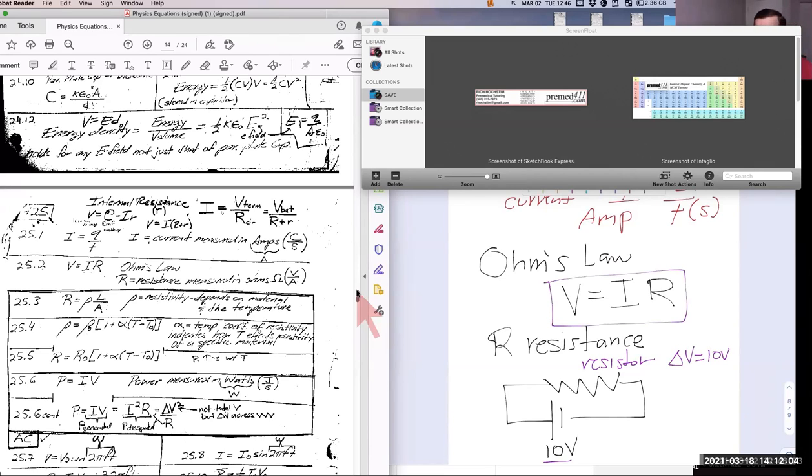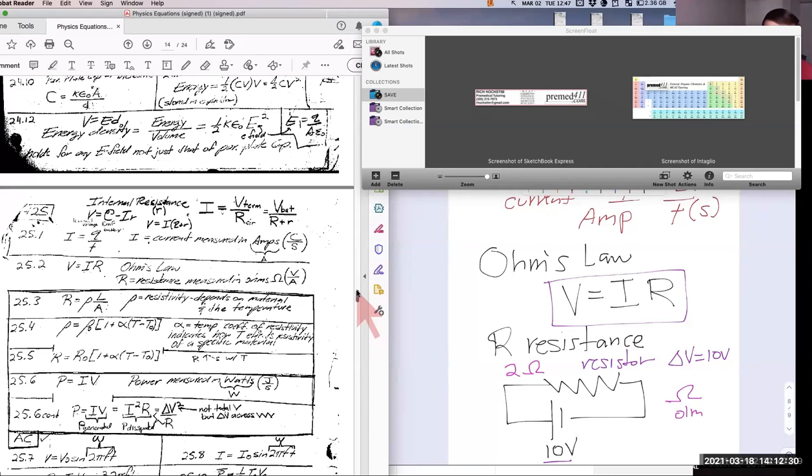So what will happen is that if the resistance here is going to be 2, and the unit is going to be an ohm, so this is going to be 2, and there's our symbol there. So that is an ohm, the unit of resistance. Then we can calculate what the current is going to be in this wire.